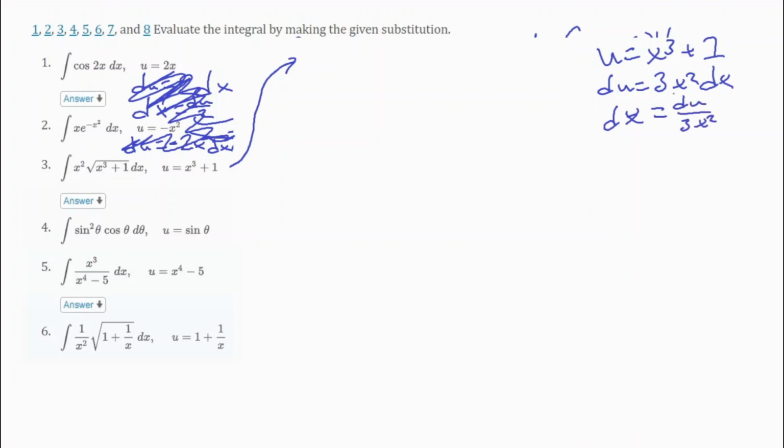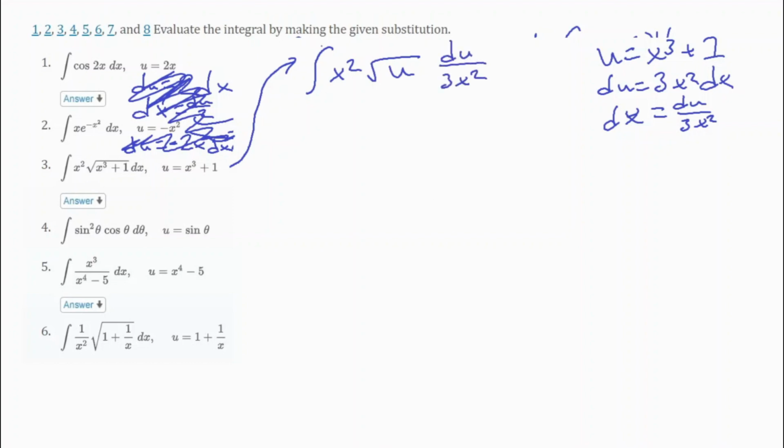And again, how we found dx is that we divided by 3x squared on both sides, so that we get dx by itself. So now, since we have the important parts, all we need to do is plug everything in. So we're going to have integral of x squared, square root of u, and that's going to be du over 3x squared.